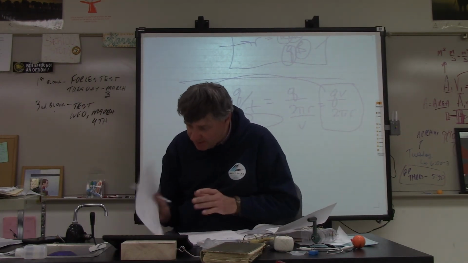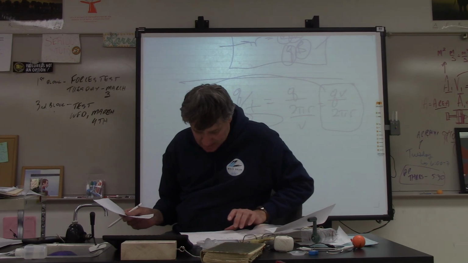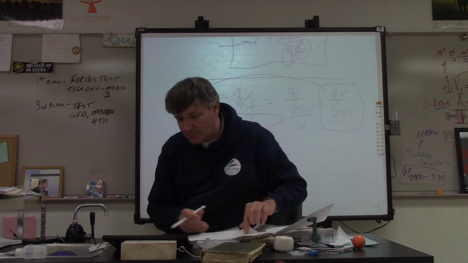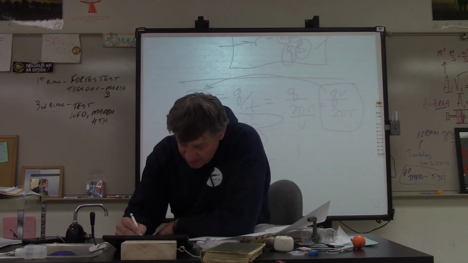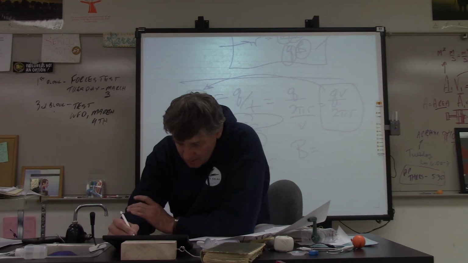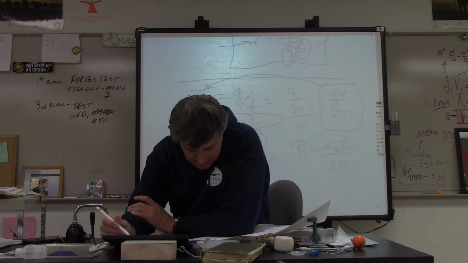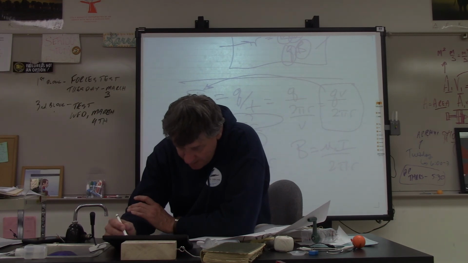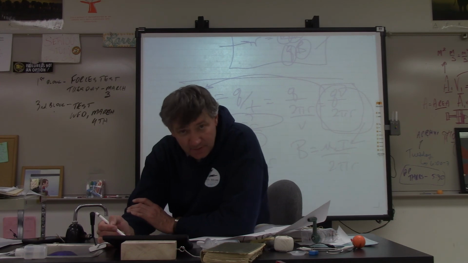And there was one other thing. Now, if you look at magnetic field strength, which is mu naught I over 2 pi r, then if it's a wire, you could put all of this stuff in here for your qv.